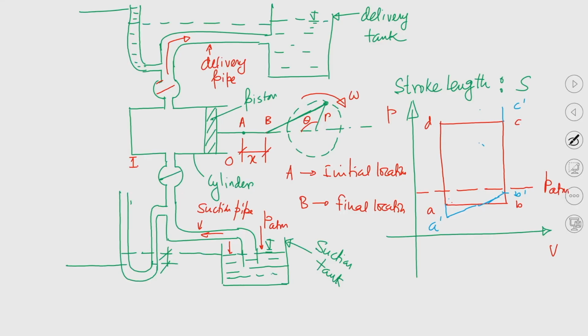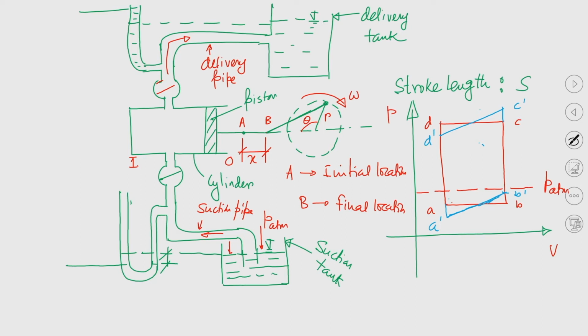What will happen at the end of the delivery stroke? The liquid inside the cylinder as well as the delivery pipe will be decelerated. So the pressure inside the cylinder will no longer remain constant; rather, it will drop. Maybe the drop comes like this, and this is D prime.